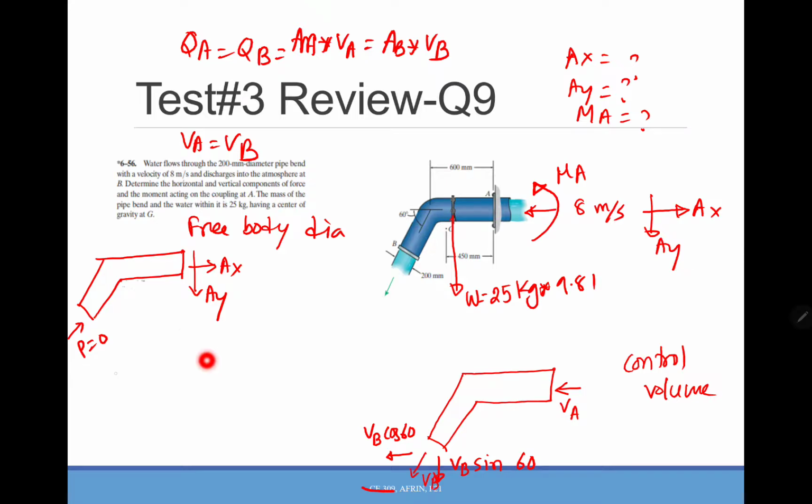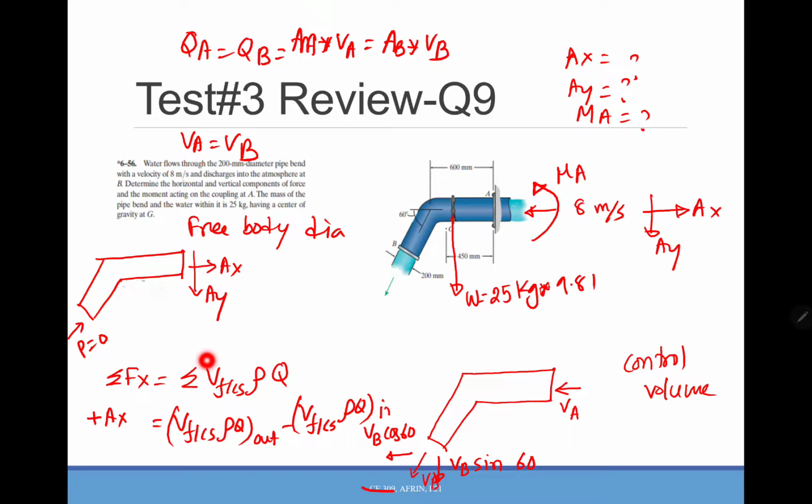So for Fx, it will be the summation of VFCS rho Q. Okay, so for Fx you have only AX here, and here you have VFCS rho Q out minus VFCS rho Q inlet.